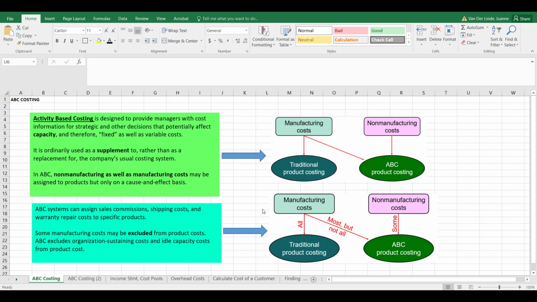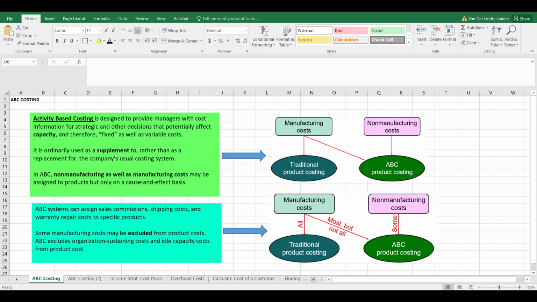Activity-based costing is a costing system designed to provide managers with cost information for strategic and other decisions that potentially affect capacity, and therefore fixed as well as variable costs. So it looks at both of those, and like I mentioned, it's usually used as a supplement to the regular costing system.